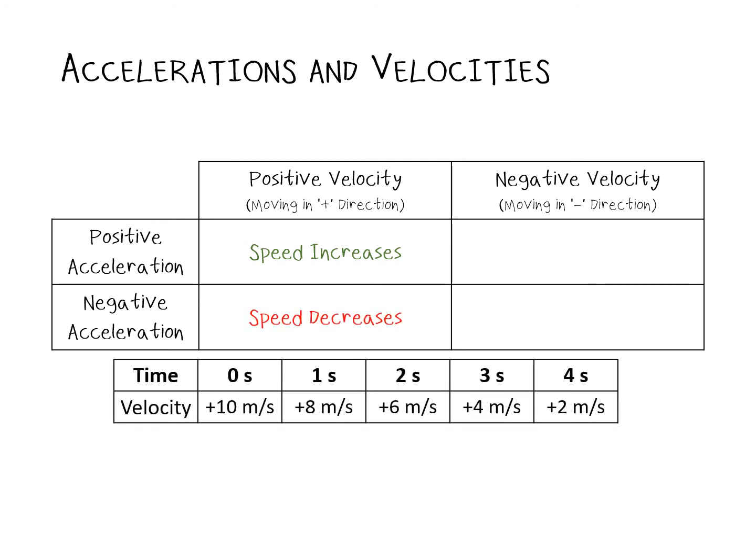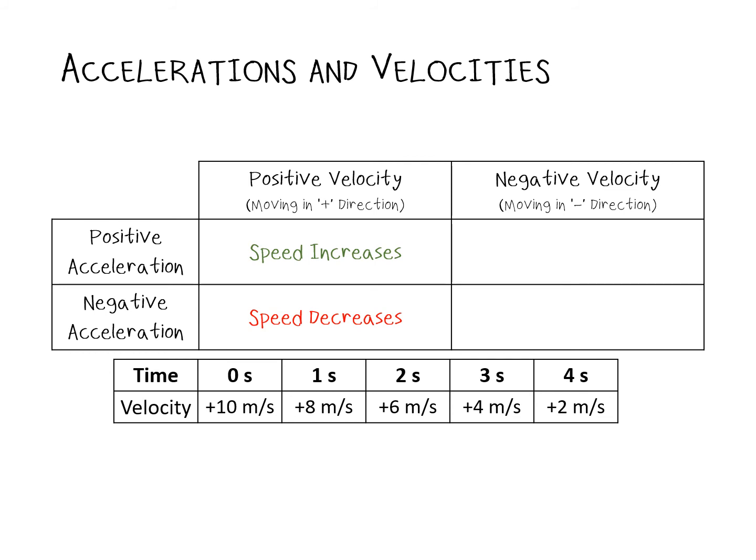Let's say we've got a positive velocity and a negative acceleration. In this case, we started with the same positive velocity, plus 10 meters per second, but the acceleration has switched to negative 2 meters per second squared. By changing the velocity by negative 2 meters per second every second, the magnitude of the speed is decreasing.